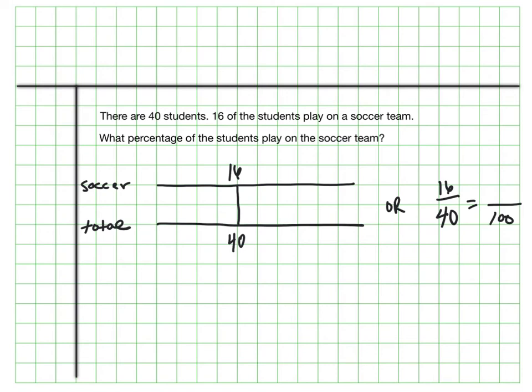And again, both ways will work. Decide which makes sense for you, right? Maybe a little bit more visual with the double number line, or you want to just jump right into this equivalent ratio proportion format. Either way, go ahead and give it a try and figure out what it would be if we made this ratio out of 100, so we could call it a percentage of the students. Pause this, give it a try, and then we'll see how you did.